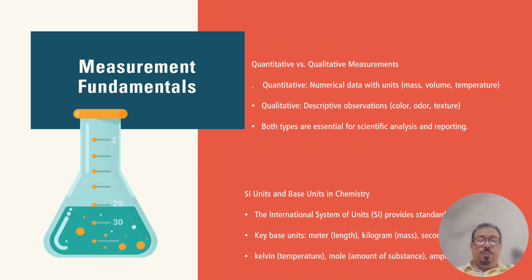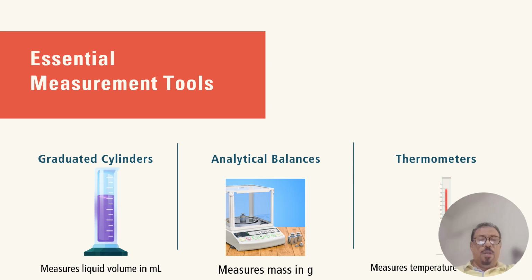For temperature, we're going to use Kelvin and Celsius, not Fahrenheit. In this course, we're going to measure volume using glassware, mass using scales and balances, and temperature, as we said, in Kelvin and Celsius.